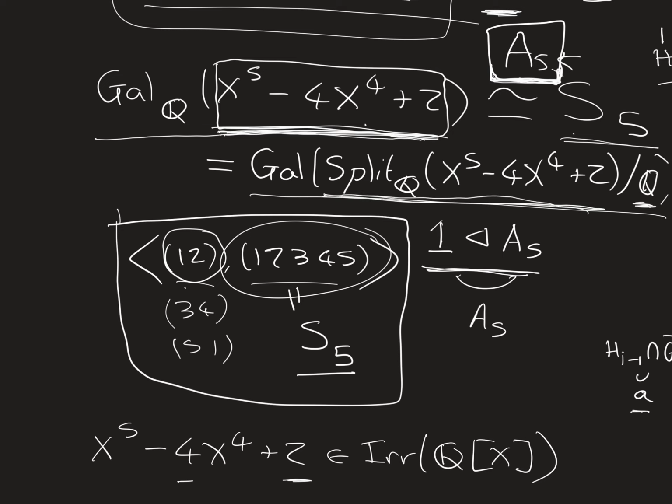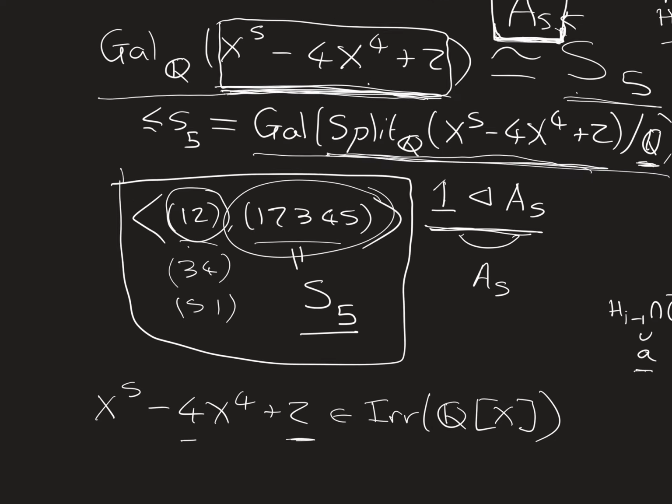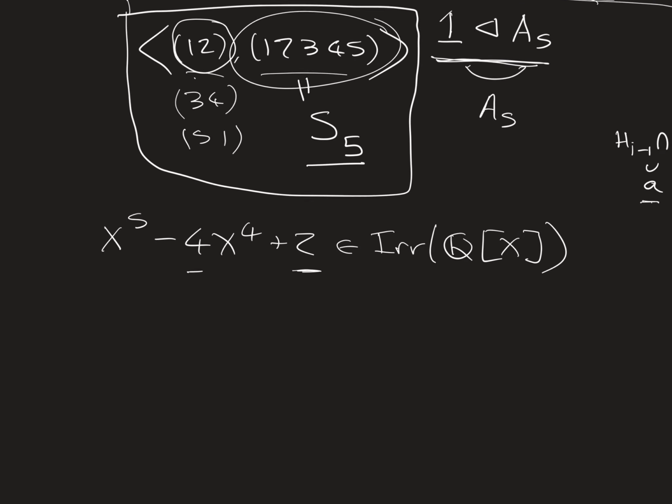It determines it. But because it's a permutation of the 5 roots, it's a subgroup of S5. That's the crucial bit. So the Galois group is a subgroup of S5, and now I want to prove to you that it has to contain a 5 cycle.